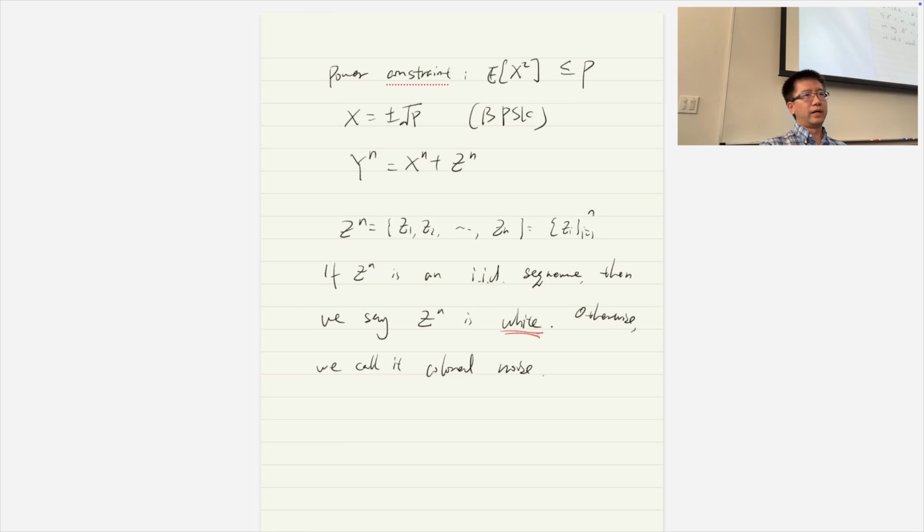It's like white light, which has all the frequencies, all the colors. So if Z is white, it means that in the frequency domain, it is equal everywhere. Because it's a random variable, we do not compute the Fourier transform of Z. What we do is compute the power spectral density of Z. So what's the power spectral density in the time domain?